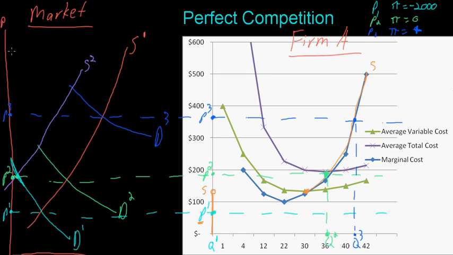Now, what if we are on demand 3 and price is above the minimum of average total cost? Well, in this situation, what's going to happen is that firms are going to enter the market. I'm going to have to redraw demand 3, otherwise this is going to make no sense.